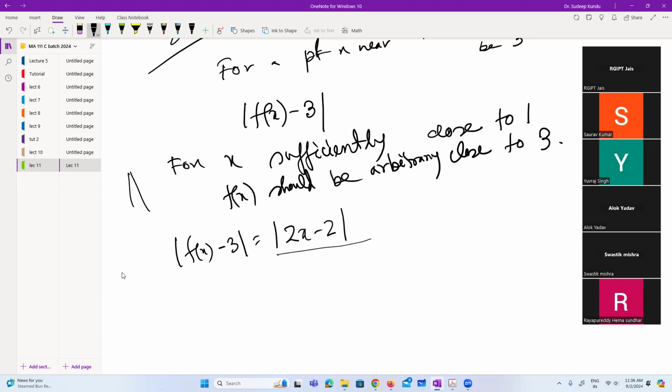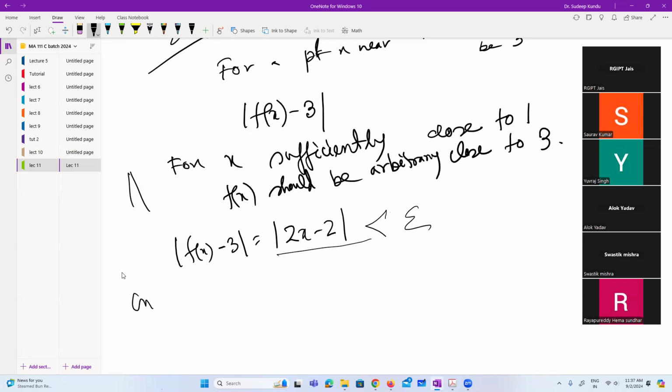That means less than epsilon, right? Here epsilon is arbitrary.